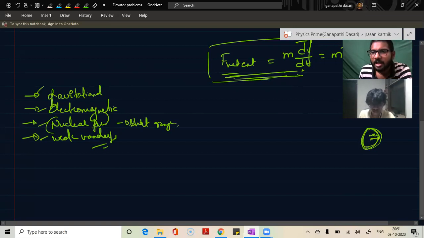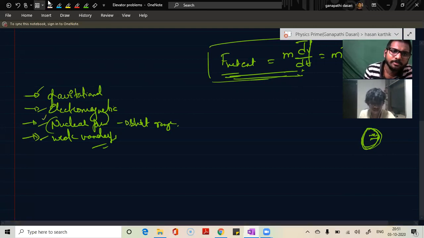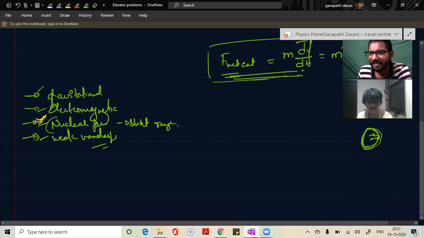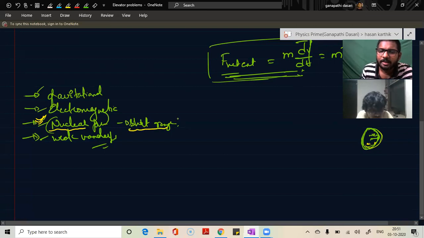In that small radius only, the neutron will attract neutron also, because they're neutral, but still they attract each other. That is because of nuclear force. As far as scientists say. So proton and proton actually should repel, but they also will be together in the nucleus. These are due to nuclear forces. They are short range, but high magnitude.